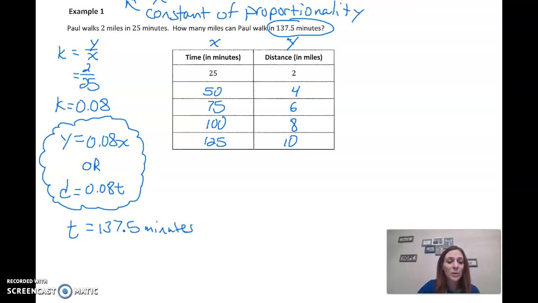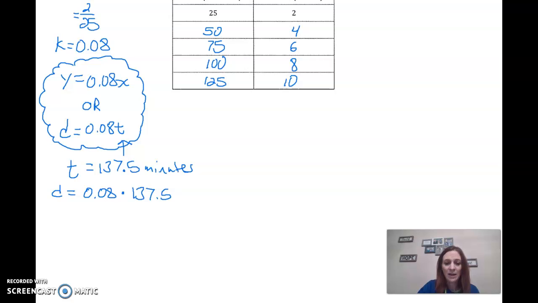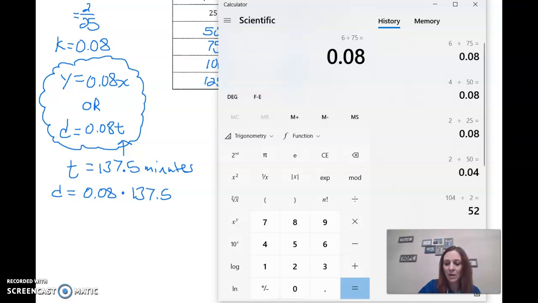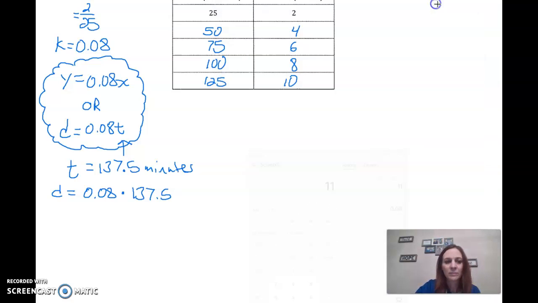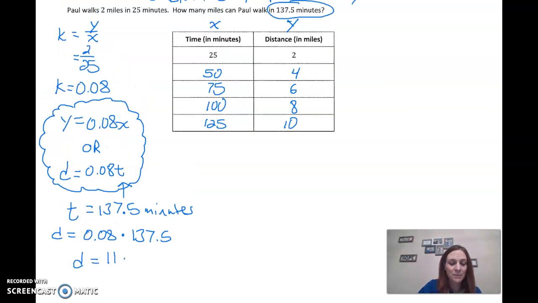So I can plug this in for t, and say that my distance is going to equal 0.08 times 137.5. If I put that into my calculator, you get 11. So our distance is 11, and since I know it's distance, that's going to be miles.